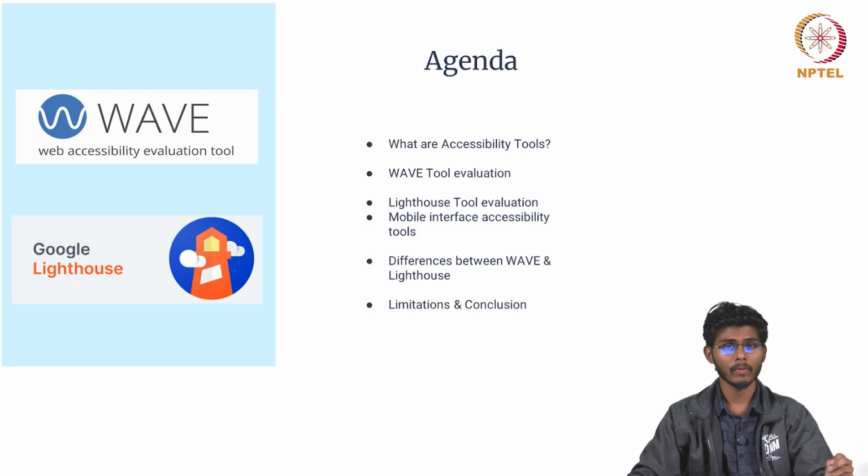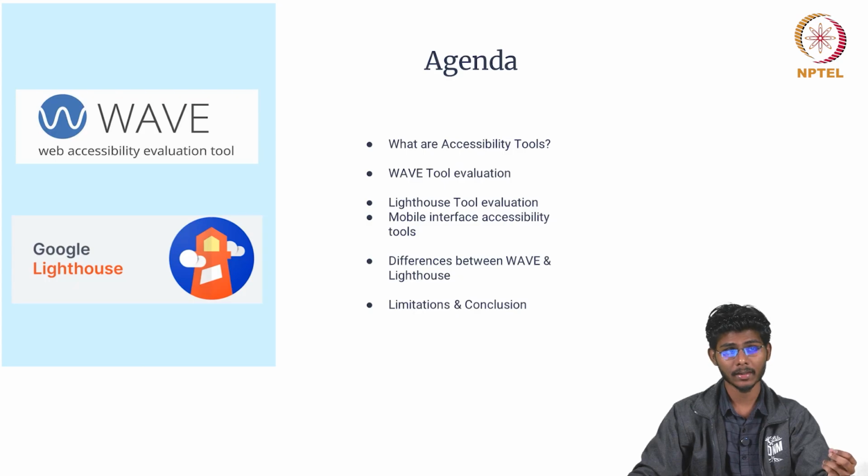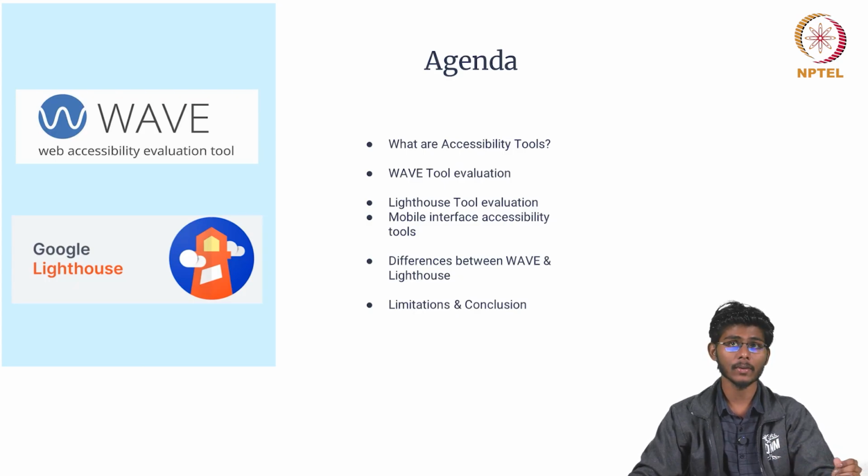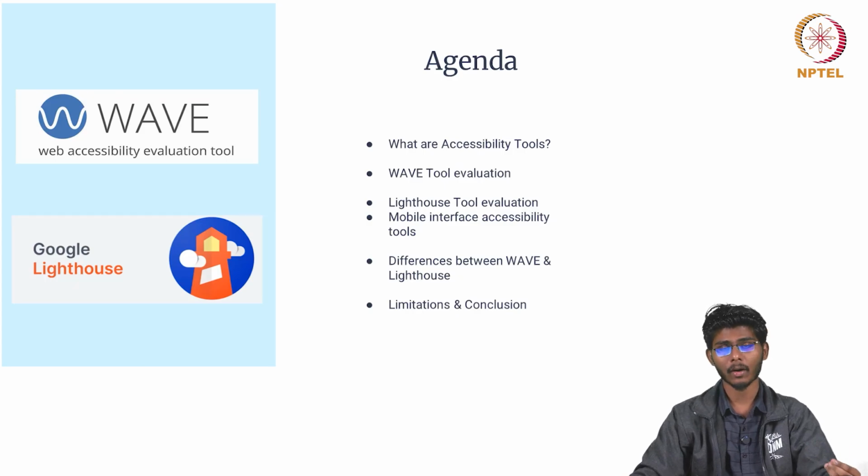We will also see in this session, apart from web accessibility tools, how it can be extended to mobile interfaces, like which default tools we can use for Android and even iOS.